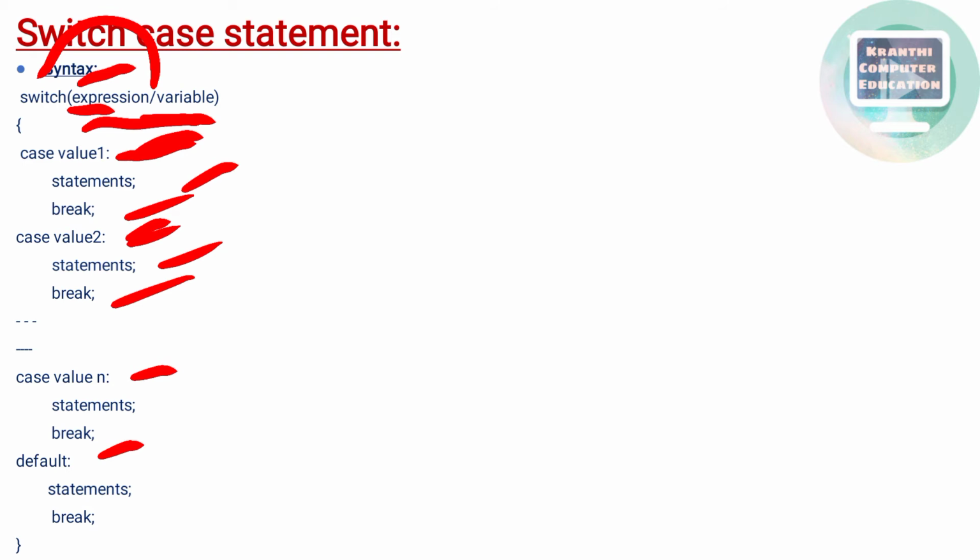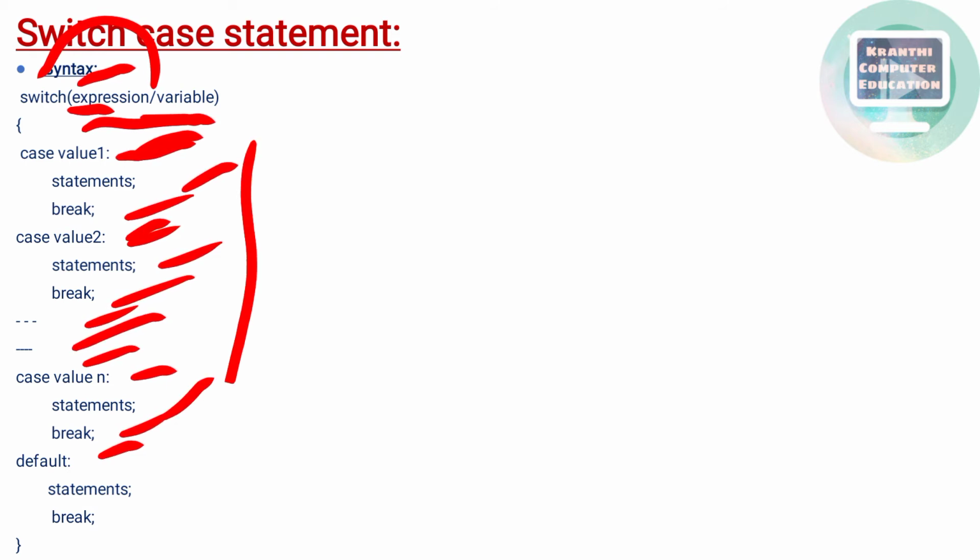And so on: however many case blocks you want to write, you can write. I am assuming I am writing n number of case values, so if the value is n, meaning any value like 5 or 6, then the case n block statements will be executed.